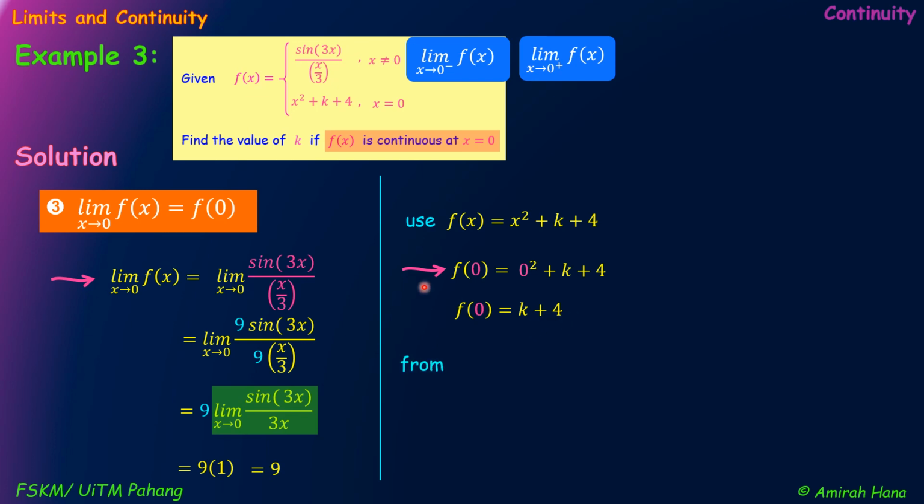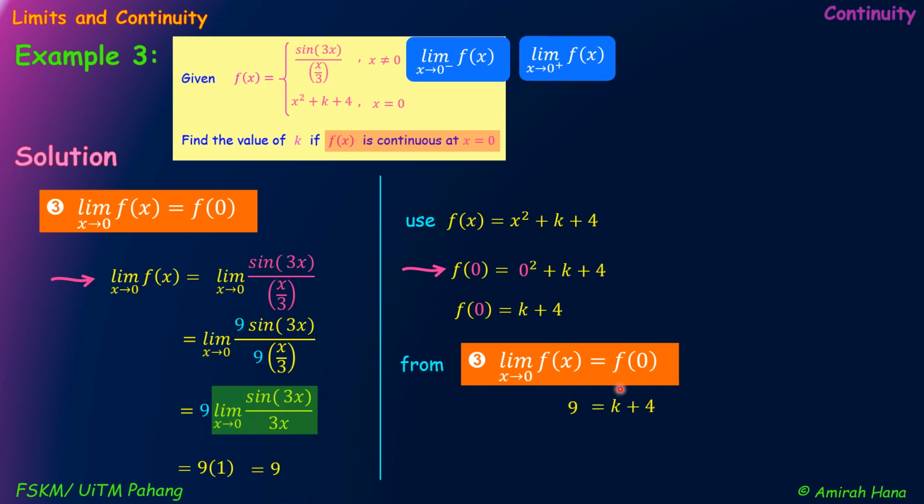Then we go back to the condition. From condition number 3, the limit as x approaches 0 of f(x) equals f(0). If f(x) is continuous, condition number 3 must pass. So we use this condition. We get the limit as x approaches 0 of f(x) equals 9, and f(0) equals k plus 4.